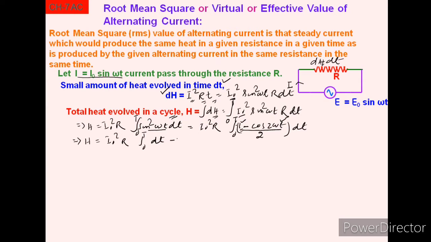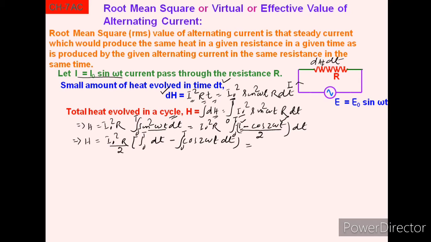Half is there, so let's take that half common and multiply it here. Then what is left is the second term, cos 2 omega t dt, and its integration.